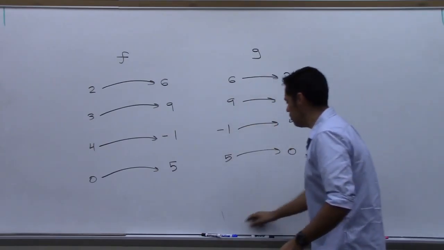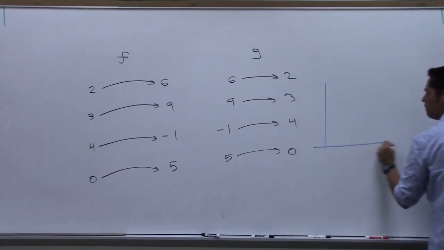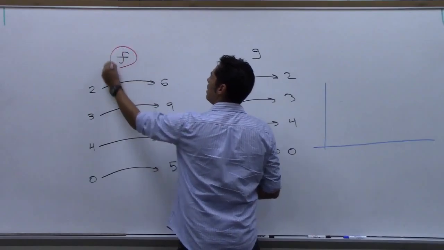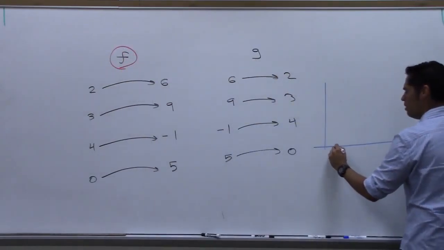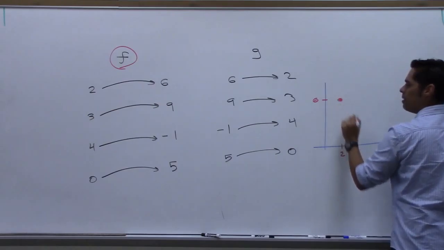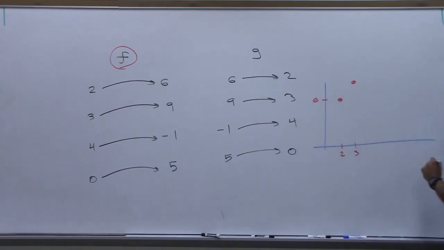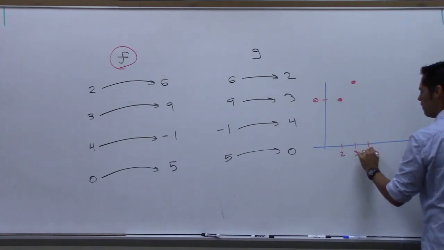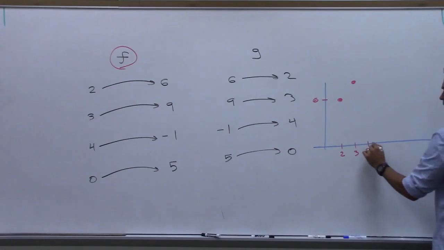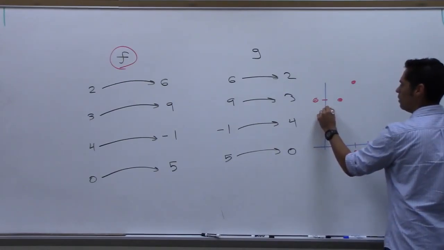Now I want to show you with a picture what this would look like. Let me do the f in red. If I go to 2, I'm up here at 6. If I go to 3, I'm up here at 9. If I'm at 4, I'm down here at -1. And if I'm at 0, I'm up here at 5.